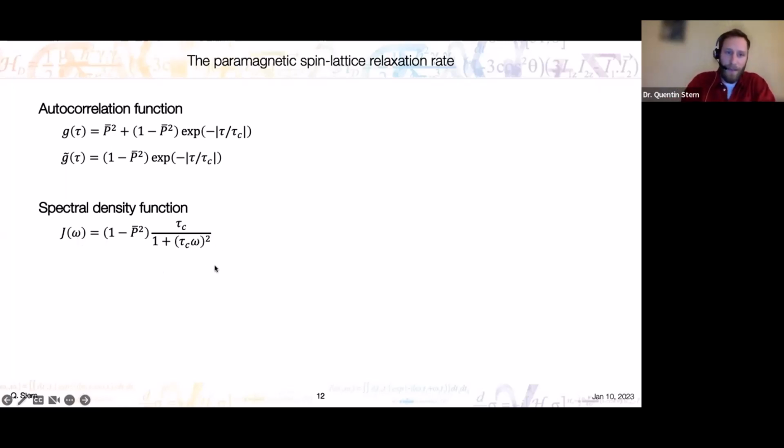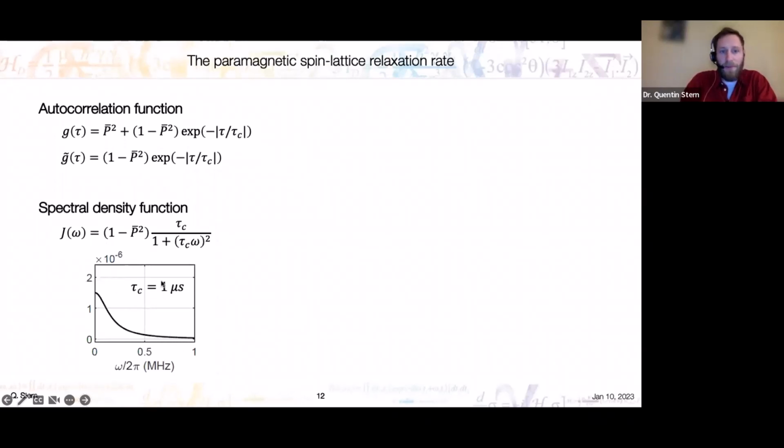So this is what we were after, and we see that this spectral density, which is a Lorentzian, bears the 1 minus p square term. And you can represent it this way. So this tells you that for example, for a correlation time of 1 microsecond, you have this dispersion of probability of finding the electron at different frequencies.